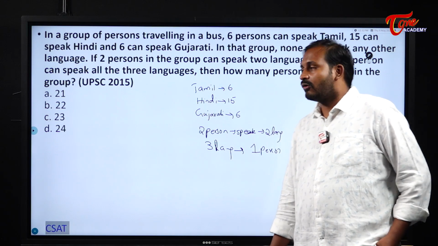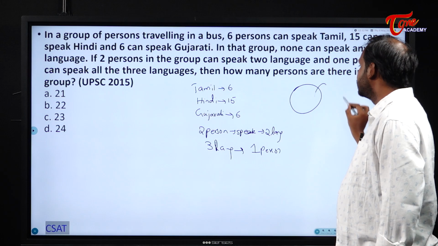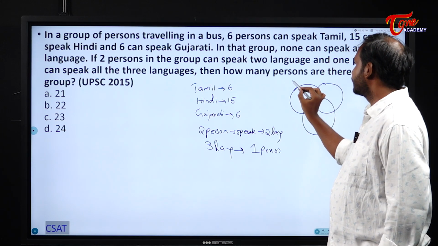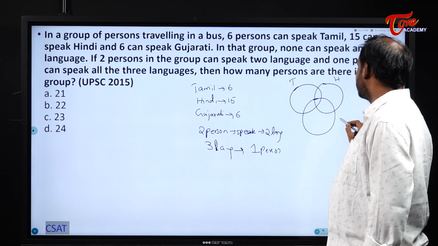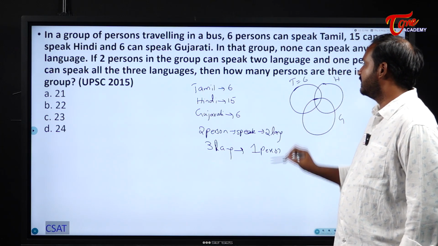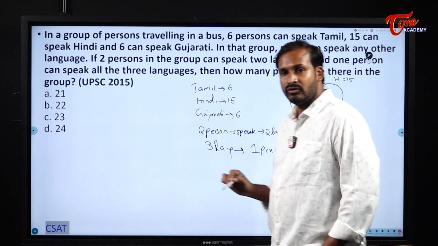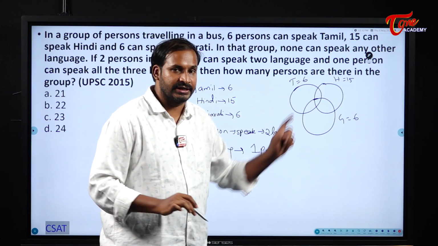Now see here, overall there are 3 groups for us. And how will we draw when there are 3 groups? The intersection is like this: Tamil, Hindi and Gujarati. Overall we know that Tamil speaking people are 6, Hindi are 15 and Gujarati are 6 in number. So the overall one we should write outside.